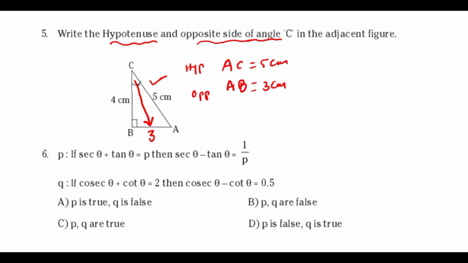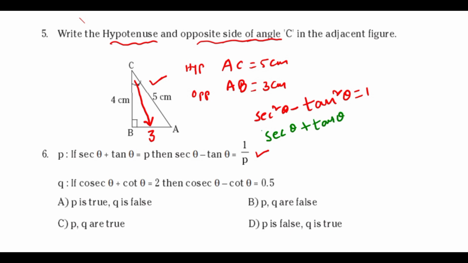Next one, secant theta plus tan theta equal to P, secant theta minus tan theta equal to 1 by P. Yes, it is correct. How can we say this? Generally, secant square theta minus tan square theta equal to 1. This is in a square minus b square form, which we write in a plus b into a minus b form.